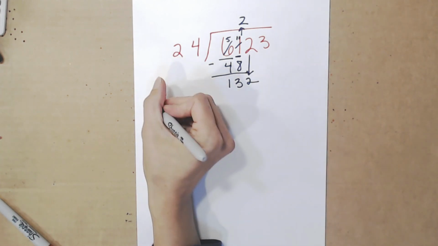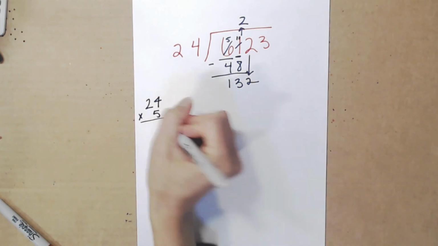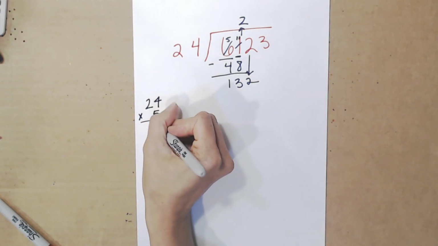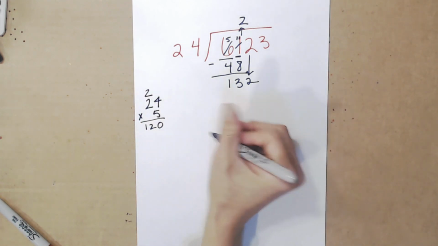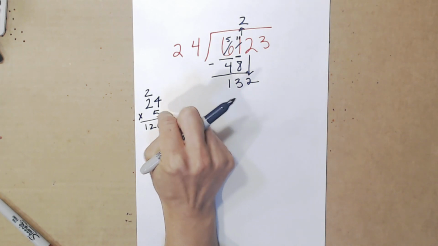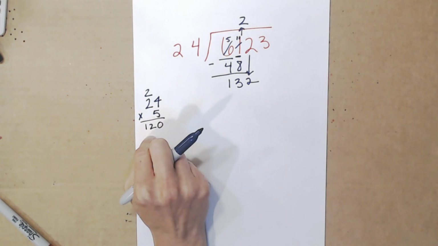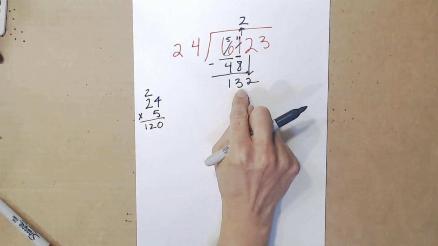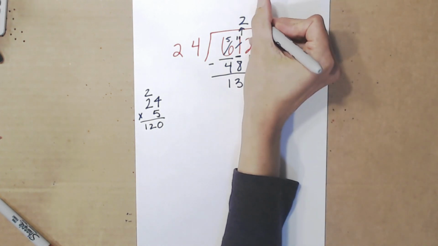So I go off to the side here and I do 24 times 5 to see if my guess is good. 4 times 5 is 20, so 5 times 24 would give me 120. If I went up to 6, I would be at 144 because I'd add another 24. That would be too high. I only have 132 tens to share. So I'm going to go with 5.